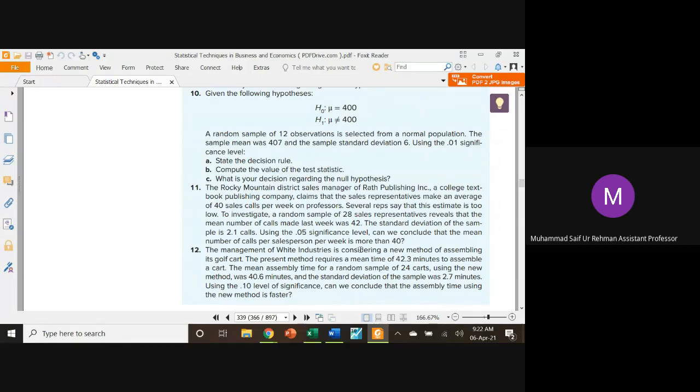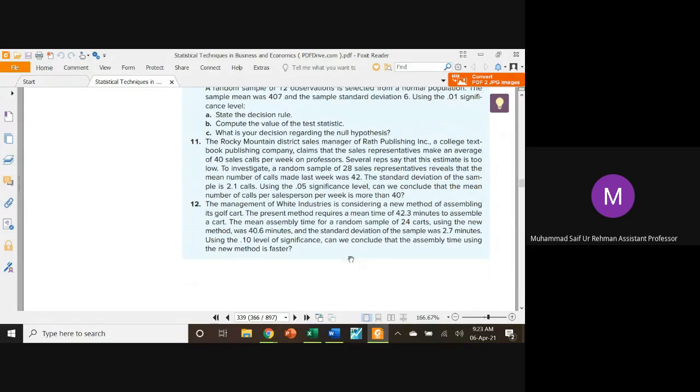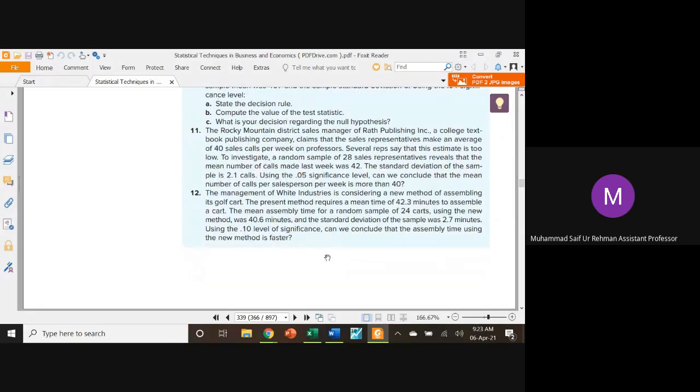So instead of more, if the word is different from 40, then there will be two tails in the distribution. And you will write down the null and alternate hypothesis with equality sign and inequality sign. Similarly, whenever you see the word different or difference, you will use the equality sign and inequality sign. For details, you may see some examples that I solved from Z statistic, the previous section of your book in this chapter.